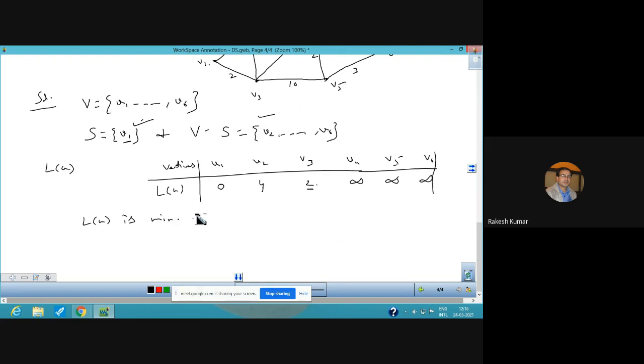So L of U is minimum for the next vertex in the set, which should be V3, and hence S should contain the next vertex V3. Now, since S has one more vertex, V3, V minus S clearly has V2, V4, V5 and V6.